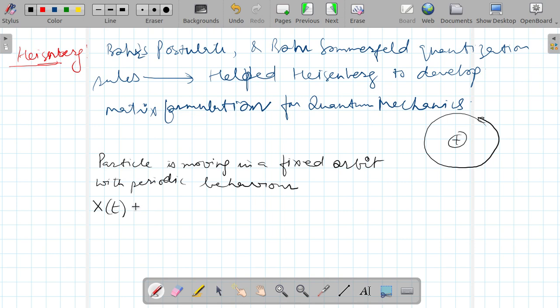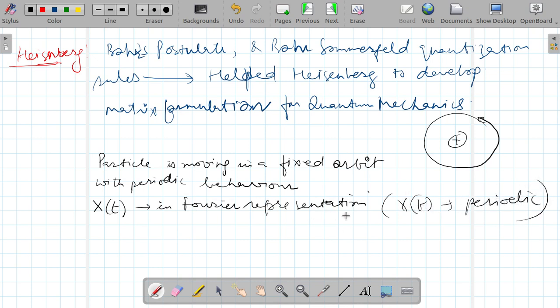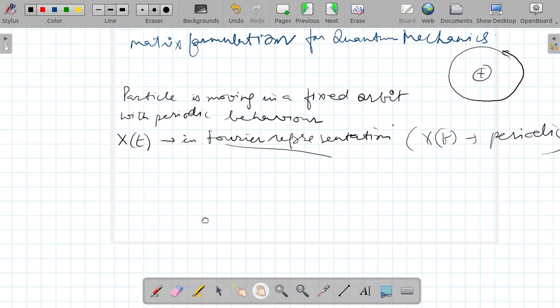That's why Heisenberg represented this x(t) in Fourier form, as x(t) is periodic in nature.